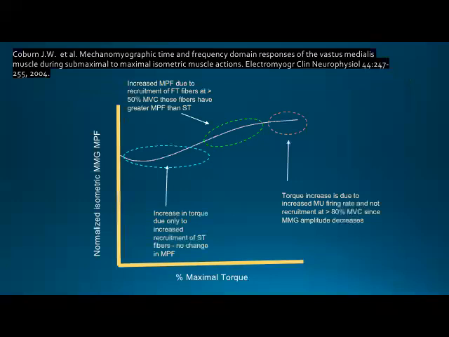Our recruitment, though, or our EMG amplitude or MMG amplitude seem to go down that signal. So we can at least be sure that past 80%, if we're grading or changing torque at all from that 85 to 100% range, any grading and torque that we see is most likely a result of firing rate rather than recruitment.